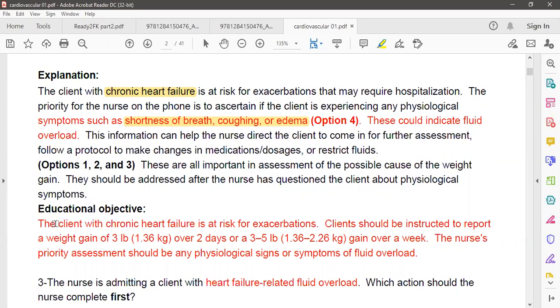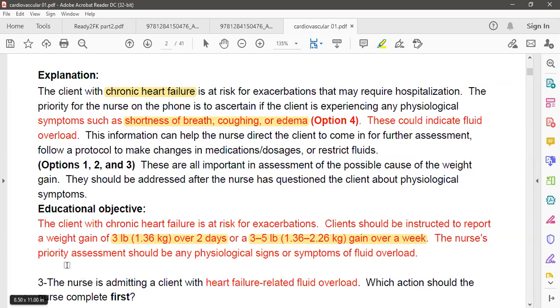The client with chronic heart failure is at risk of exacerbation. The client could be instructed to report if they gain weight, right? So weight gain of 3 pounds over 2 days or 3 to 5 pounds over 1 week indicates to inform the healthcare provider.